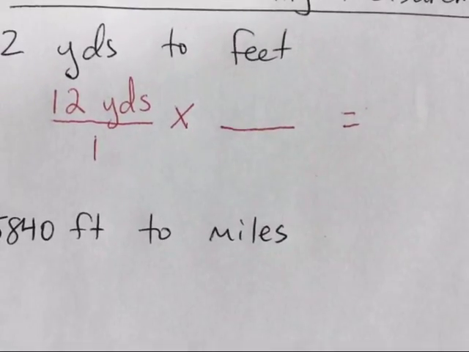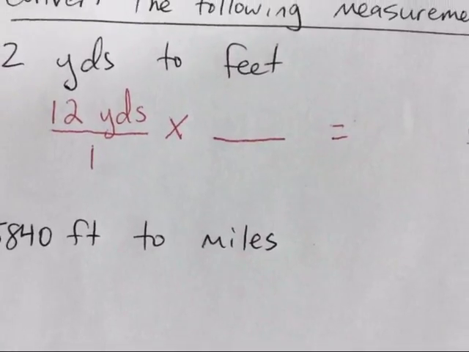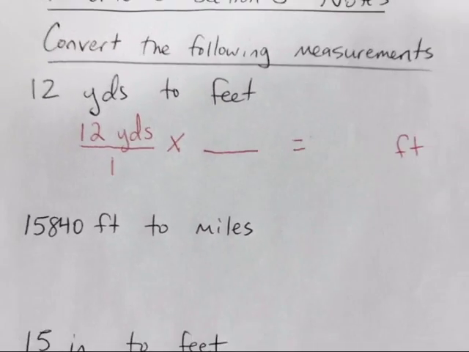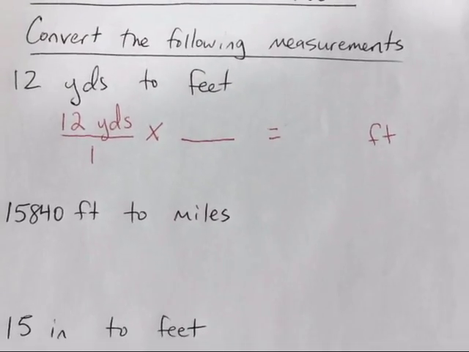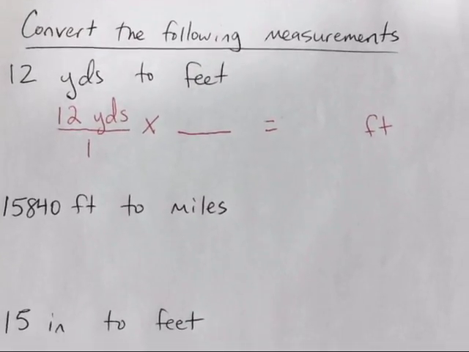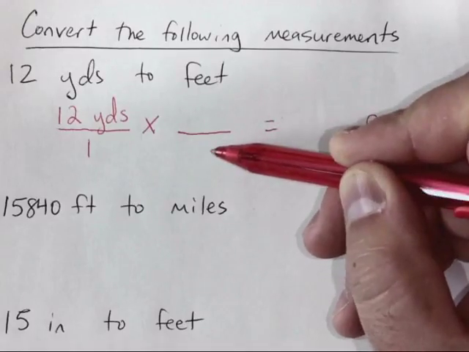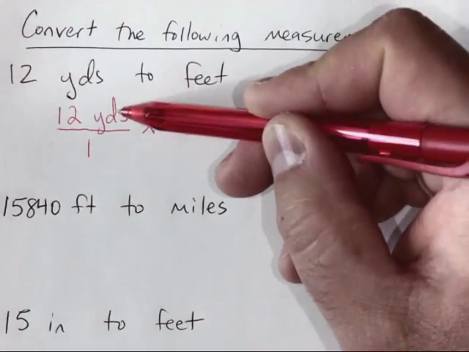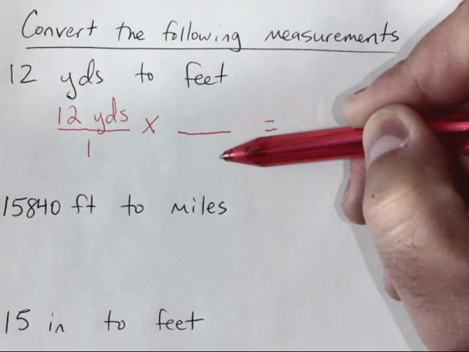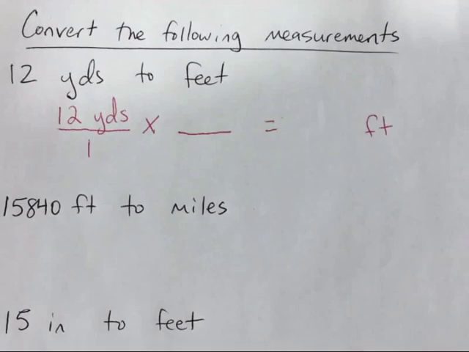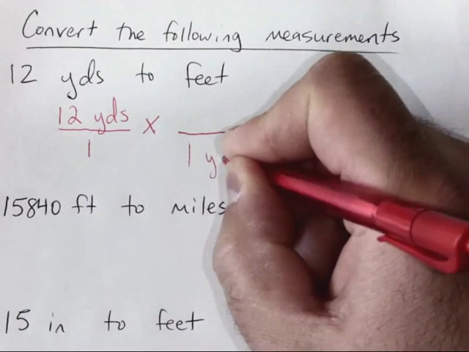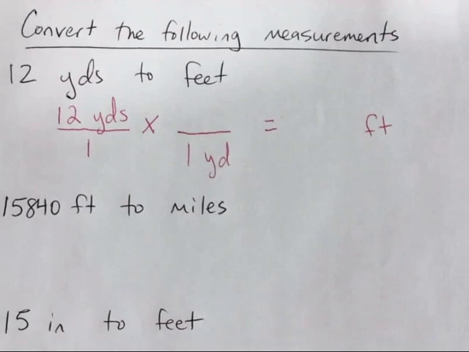Let me zoom out a little bit here. Okay. So in order for yards to cancel, I need to put yards down here in the denominator of this fraction, so that yards is in the numerator of this one, yards is in the denominator of the second fraction, and so yards cancels, and I'm left with feet.